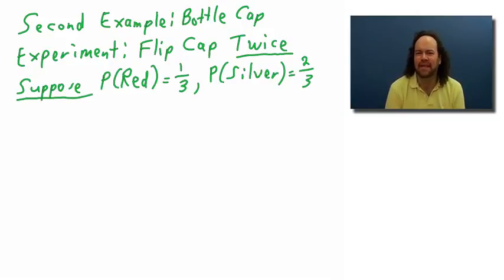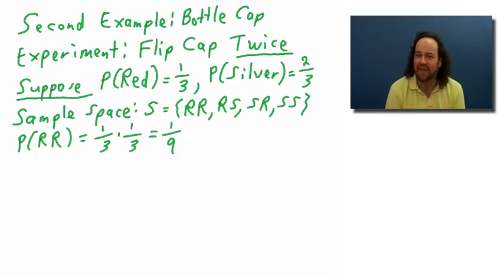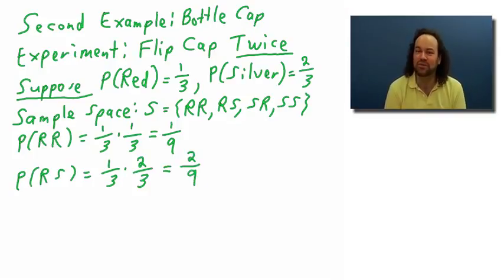Then suppose we flip this bottle cap twice. Well, then we can again talk about the possible outcomes. So here we have a sample space consisting of the outcomes red, red, or red, silver, or silver, red, or silver, silver. Now in this case, the probabilities are not all equal. The probability of red, red is equal to a third times a third, which is a ninth. And the probability of red, silver is equal to a third times 2/3, which is equal to 2/9.